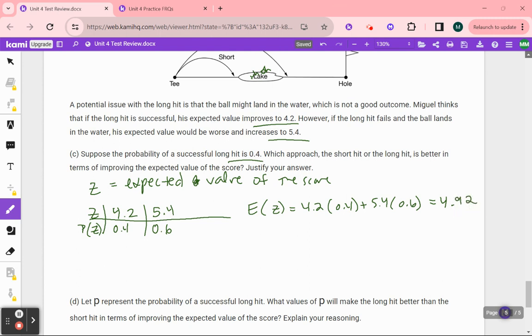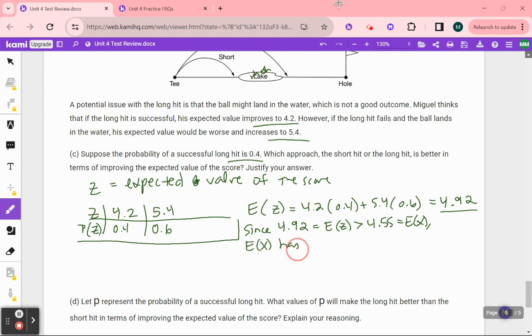Let's make a conclusion and justify it. So this is a higher score since 4.92, which is E of Z, is greater than 4.55, which was E of X. E of X has the better expected score.